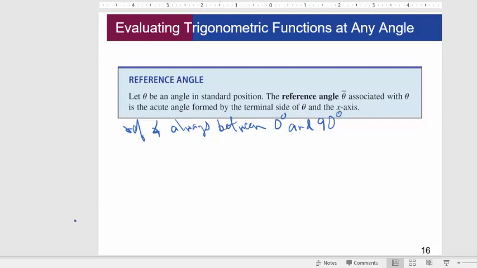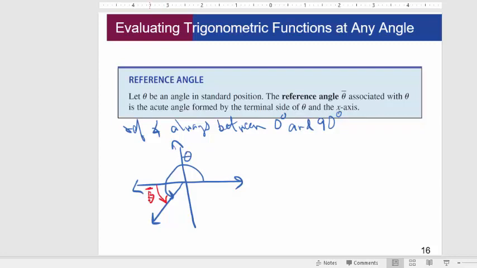So what does that mean? That means if you have a picture like this, since we did a first and a second quadrant angle, let's maybe try a third quadrant angle, right? What if I had this angle here? That's theta. What would my reference angle be in this case? My reference angle would be the acute angle formed by the terminal side of theta and the x-axis. So in this case, my reference angle would be this angle. So this would be the thing that I'm calling theta bar, right?